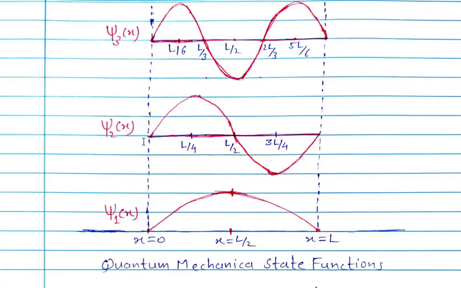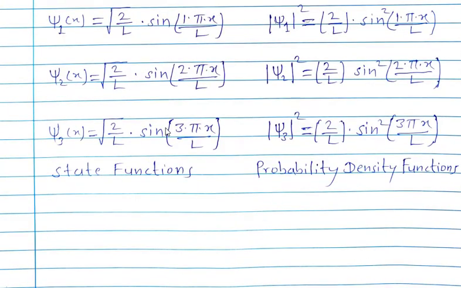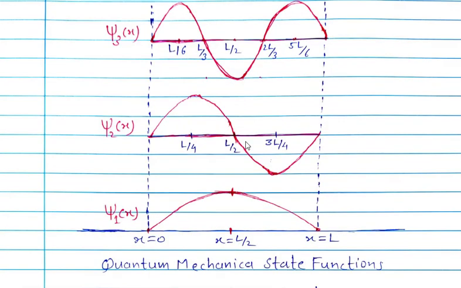If the particle is in the first excited state, then the function takes the form root 2 by L times sine of 2 pi x by L. Here, as x varies as 0, L by 2 and L, the value of sine of 2 pi x by L comes out to be 0.